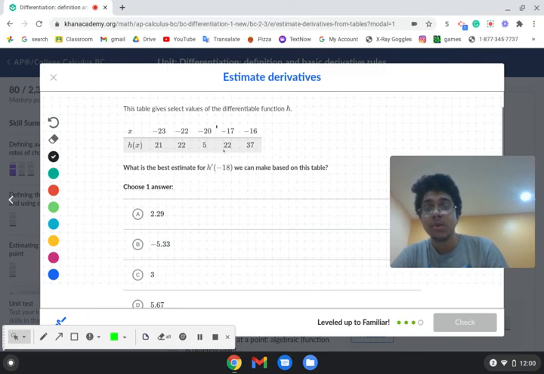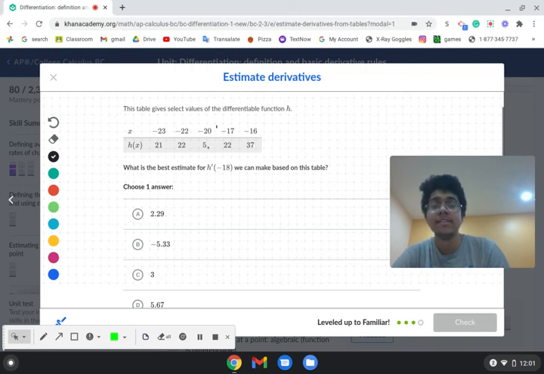So for this example, we would do h of negative 17 minus h of negative 20 all over negative 17 minus negative 20. So h of negative 17 is 22 minus h of negative 20, which is 5.